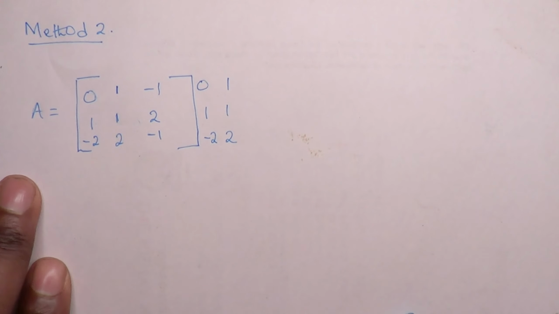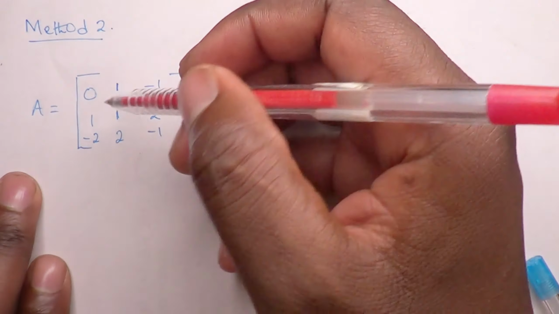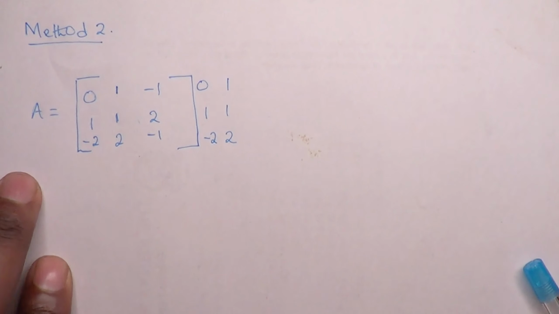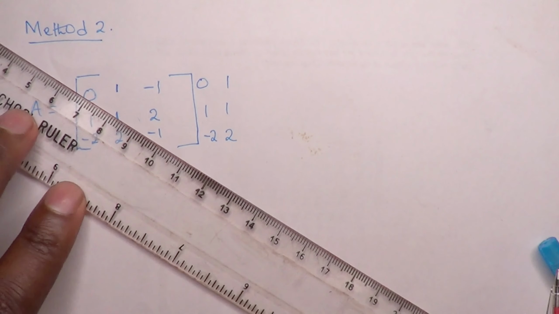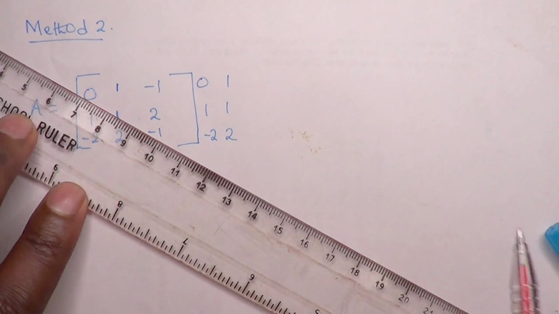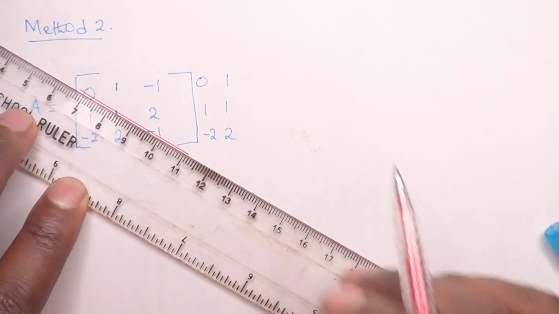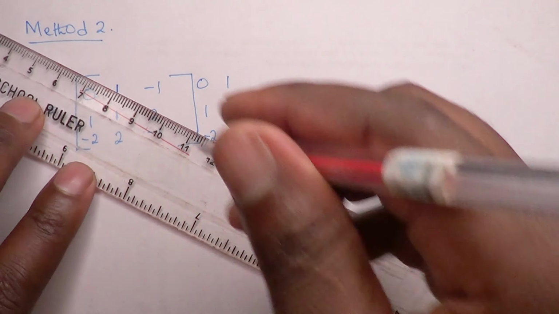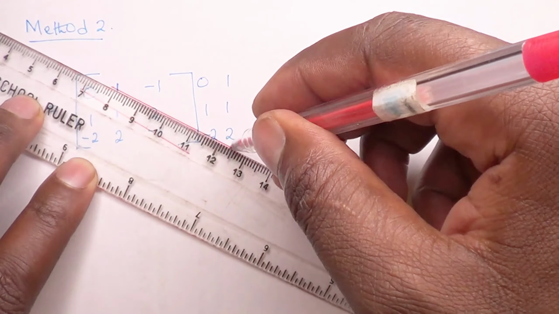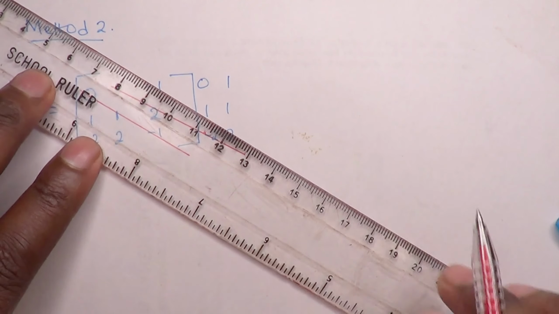The next step we need to do is to multiply along the diagonals going to the right-hand side. I will multiply this one here, then this one, then this one here.